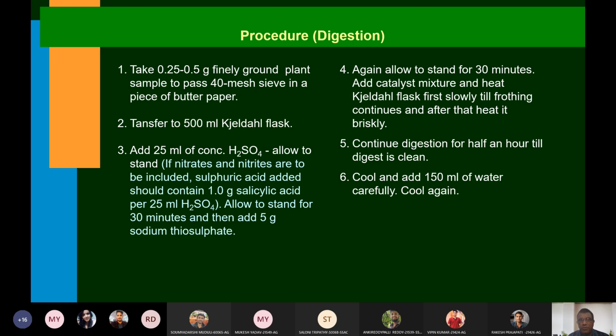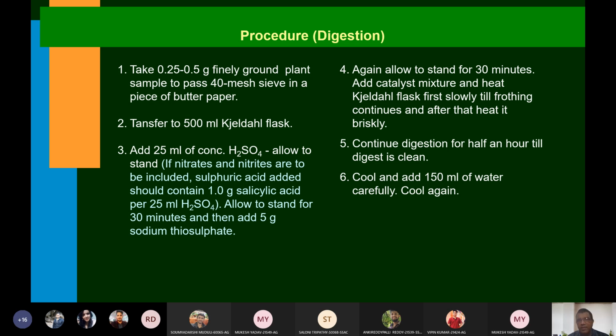Now, procedure, how to do it. So there are 3 steps: digestion, distillation, and titration. In digestion, in case of plant, take 0.25 to 0.5 gram. It's your choice. If you think that nitrogen concentration in plant material is very high, then you take a lesser quantity of sample, 0.25 or even 0.1 gram.